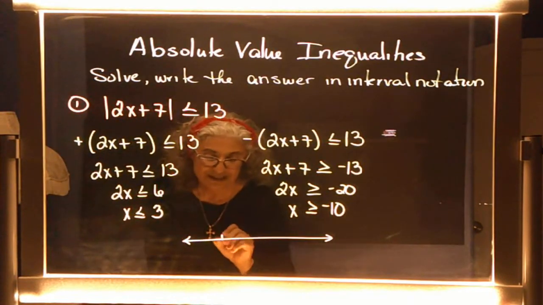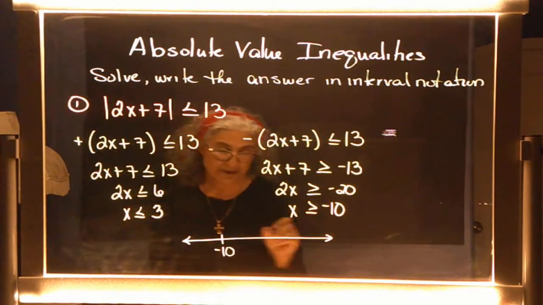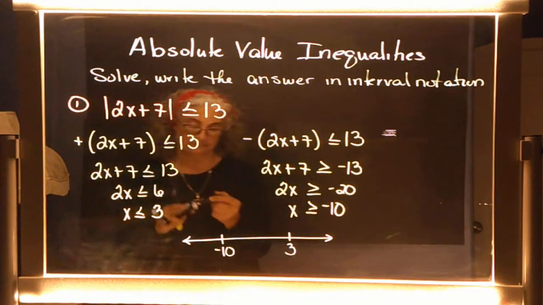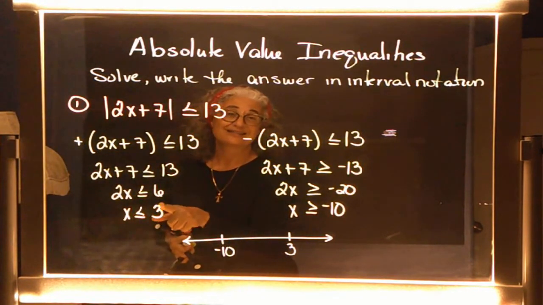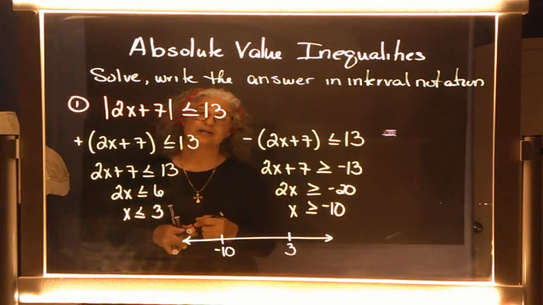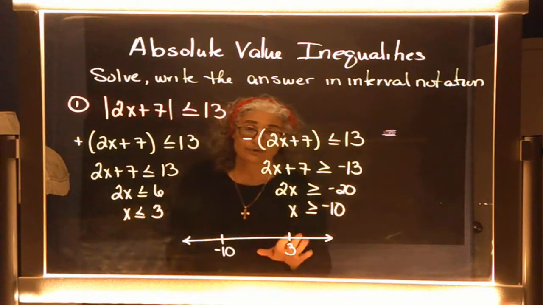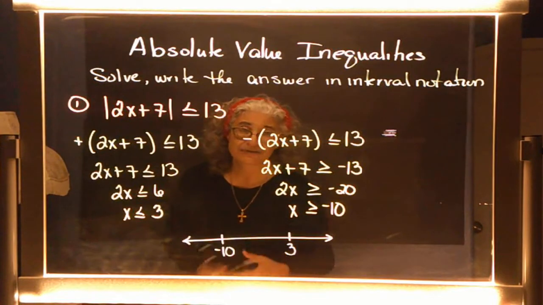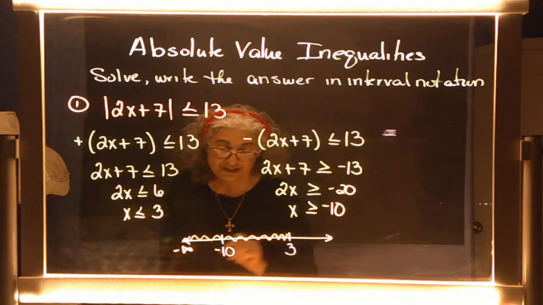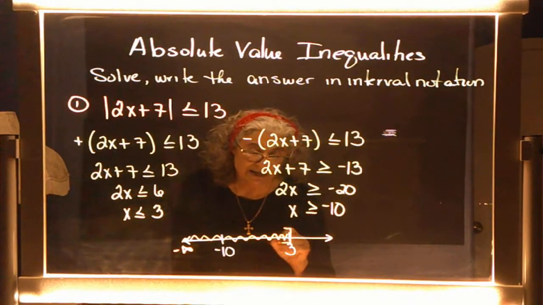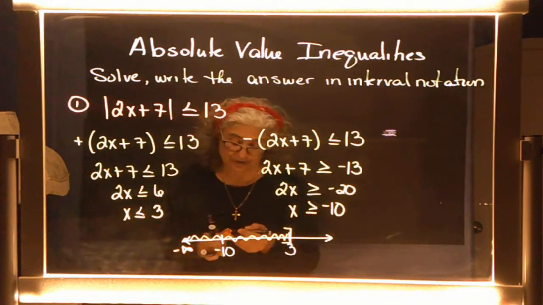Yeah, I care about the negative 10 and I care about the positive 3. So let's take a look at this first answer. We have x less than or equal to 3. So, good. I'm looking at the 3 and I'm going to shade everything to the left of the 3, all the way out to negative infinity. And yes, a bracket goes on the 3 because it's equal to, isn't it?